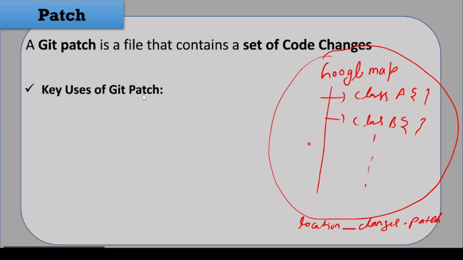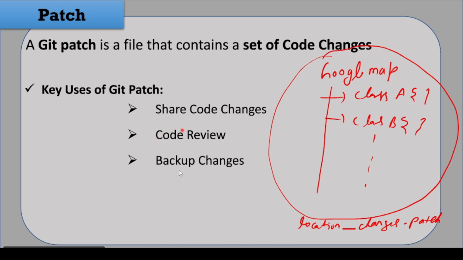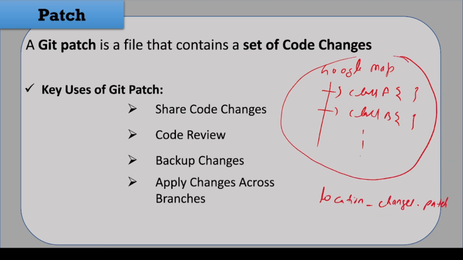Key uses of Git patch. Number one, share code changes. You can share this patch file with your colleague. Number two, code review. You can also ask for code review. Next, backup changes. You can also store this patch file as a backup. And next, apply changes across branches.